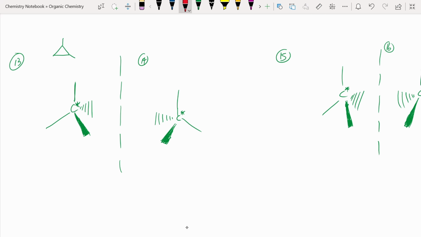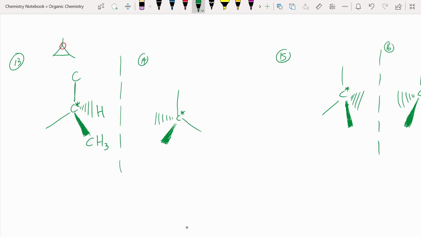For this isomer, we have this chiral carbon, so we're just gonna fill in the 4 different groups: the methyl group, the hydrogen atom, and then a triangle surrounding the chiral carbon.